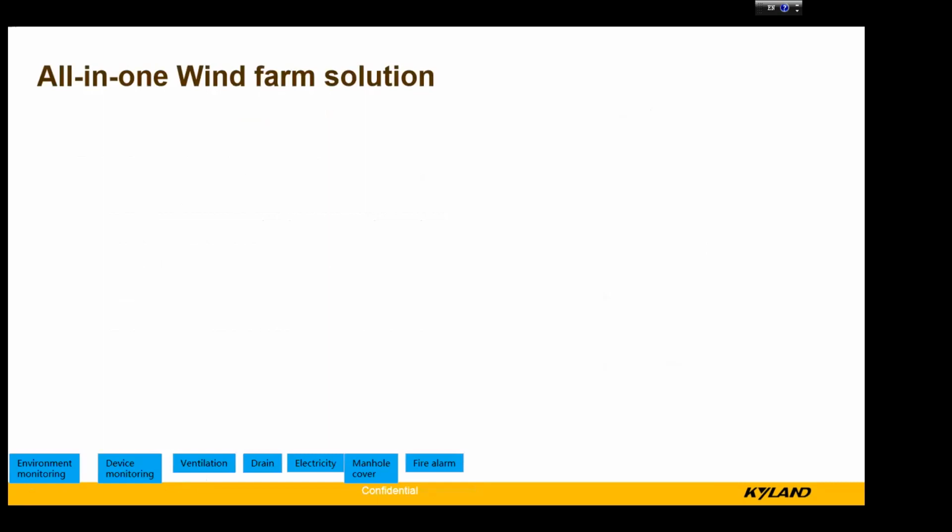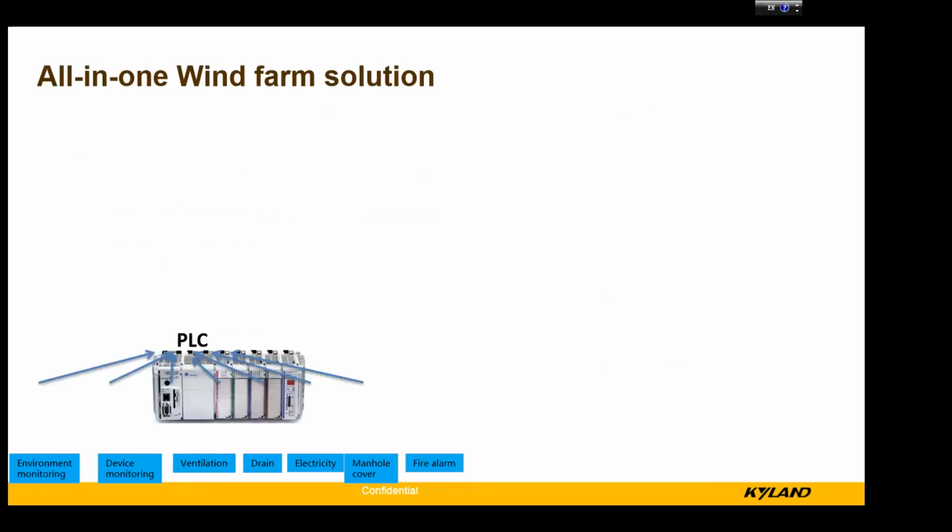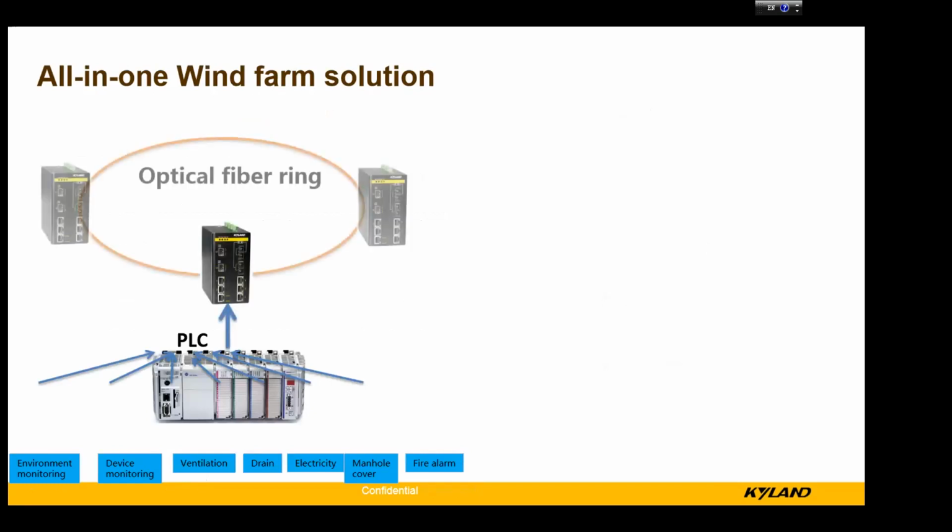And this is another solution for the wind farm, and it's an all-in-one box. You can see there is always a PLC in the wind turbine, and the PLC is connected with the lower level devices.